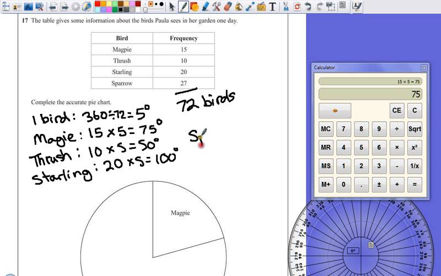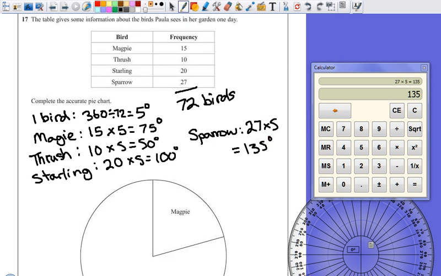And sparrow, which is 27 times 5. 27 times 5 is 135 degrees. That's where most of your marks are going to come from, the actual calculations.